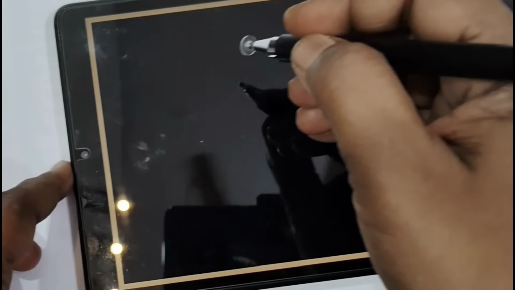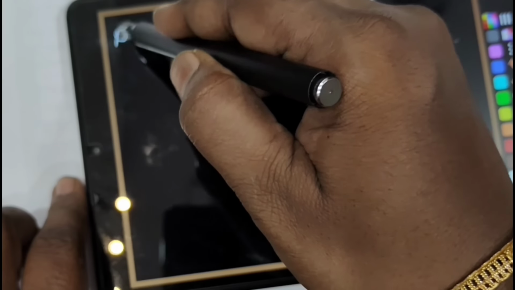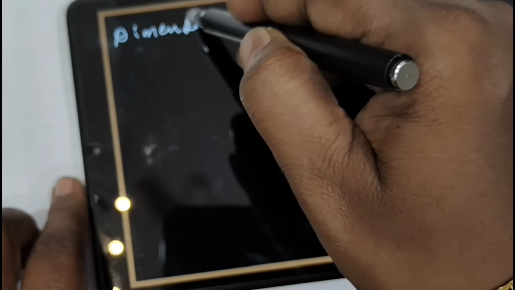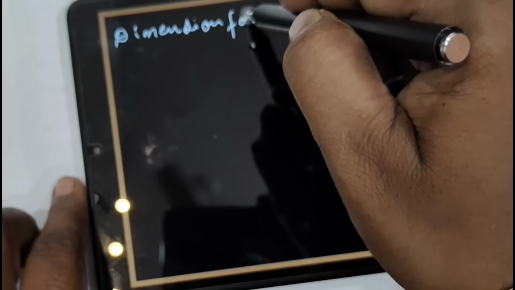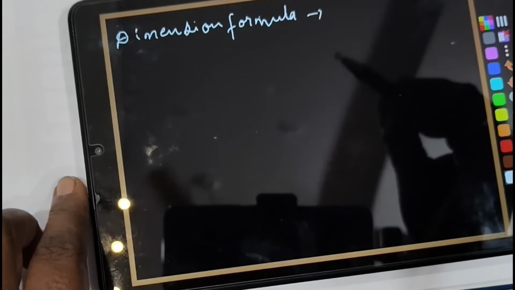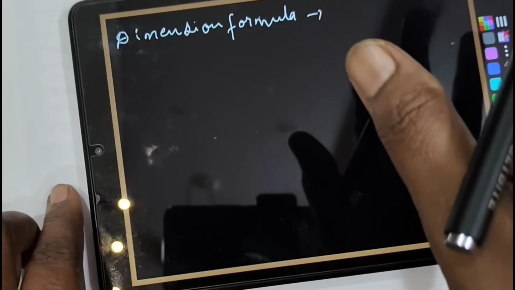So now let us know what is the difference between a dimensional formula and a dimensional equation. So here, dimensional formula is expressing a physical quantity in terms of dimensions only.